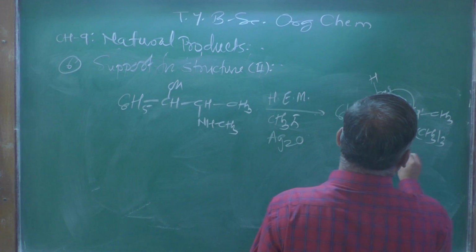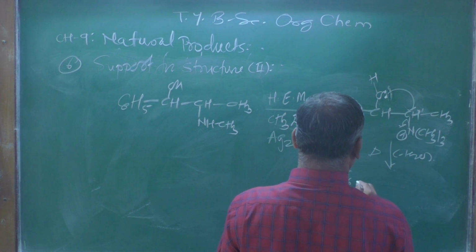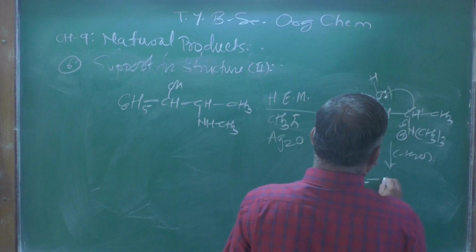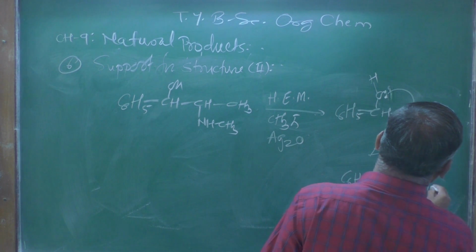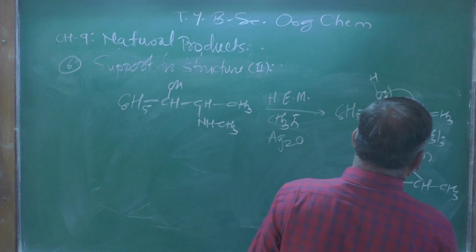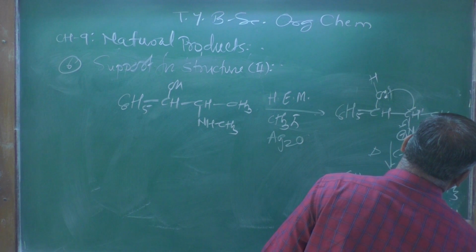Heat it, minus water molecule, you will get here C6H5, then CH, that is the epoxide over there, then CH3, and the side product will be N, then CH3 thrice.